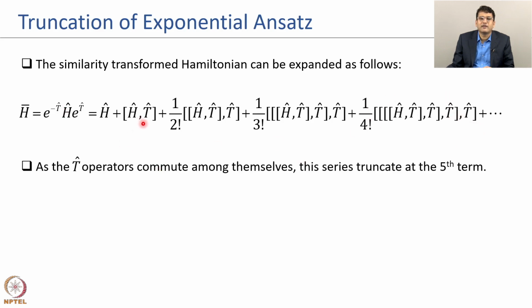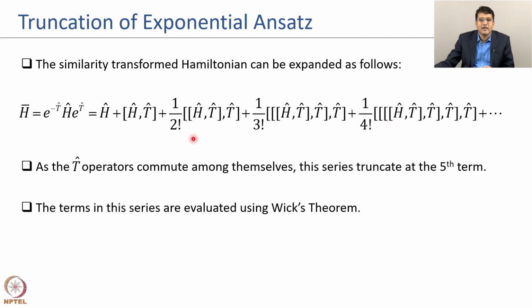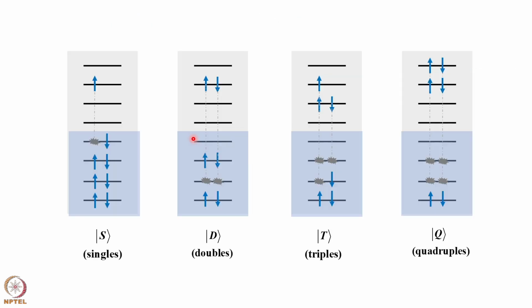So, the Hamiltonian at most can have 4 commutators with the T operator; beyond that the rest of the contribution will be 0. So, there is a natural truncation, and the terms in this series can be evaluated using Wick's theorem. Then we will truncate the n body cluster operator using some logic.